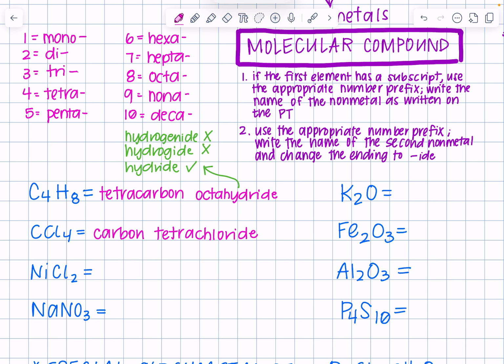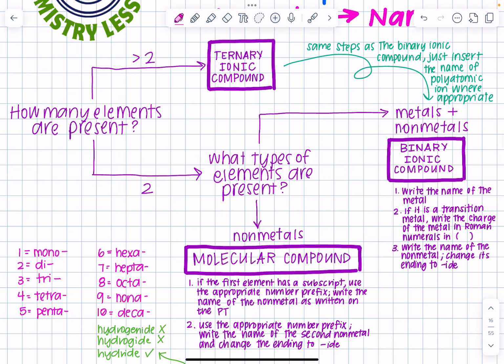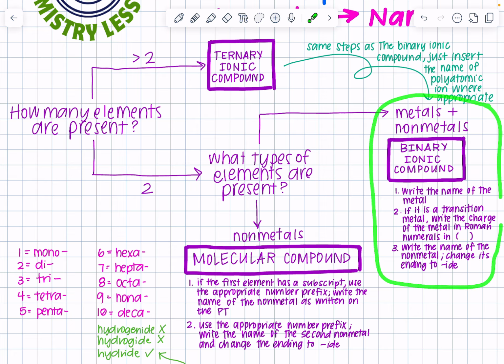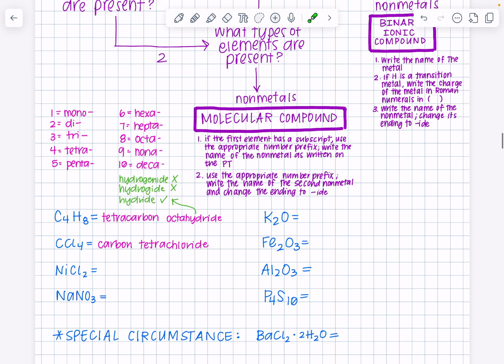All right. So next thing is NiCl2. All right, we've got Ni and Cl, which means I have two elements present. But Ni, nickel, is a metal. So we are going to come over here and follow the rules for metals and nonmetals. All right, so we are going to, step number 1, write the name of the metal.